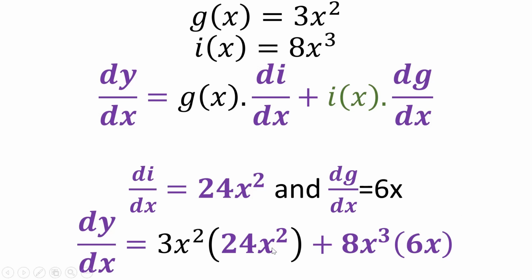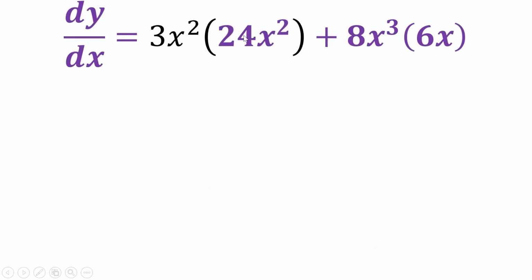So when we do substitution, we have what is down here. So now our duty is to simplify this. Let's multiply this and that, and also multiply this and that.